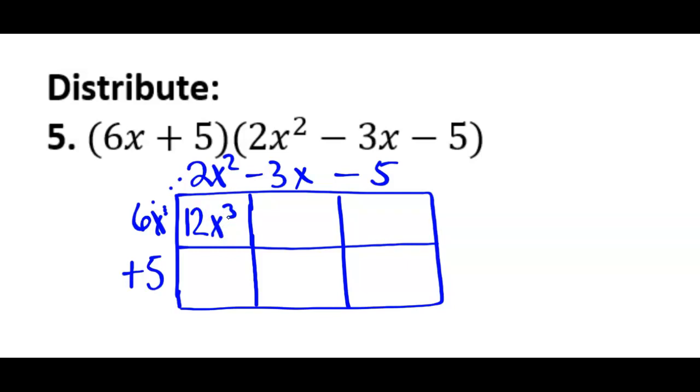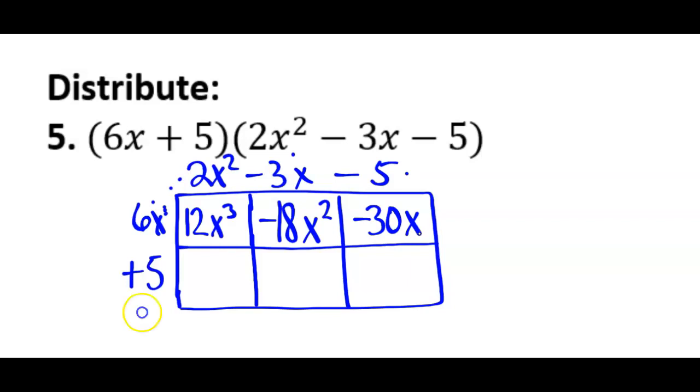Now what about 6x times negative 3x? Well, I'm going to get negative 18x squared. And now 6x times negative 5, I'm going to get negative 30x, because 6 times negative 5 is negative 30, and that x just trails along.